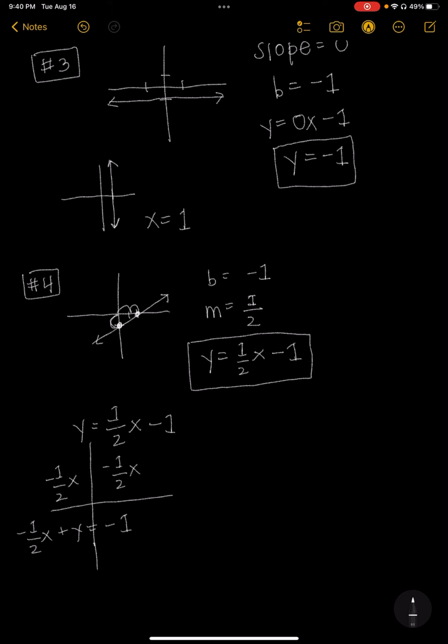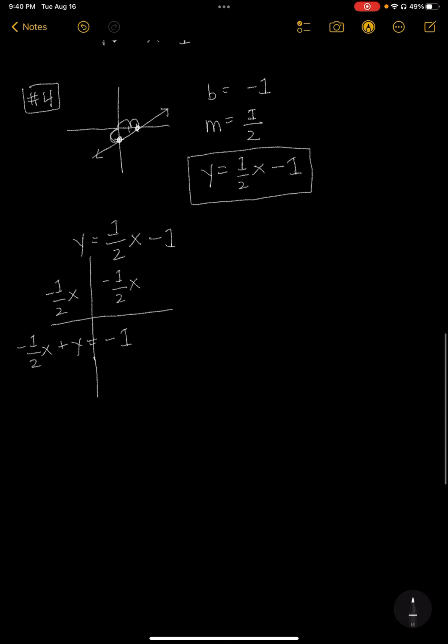All right. Once again, standard form really likes rules. So we want to get rid of that fraction. We also want to get rid of the negative in the front. The way that we're going to do that is by multiplying everything by -2. We multiply by a negative to get rid of the negative in the front. We multiply by the 2 to get rid of the 2 on the bottom of the fraction. All right.